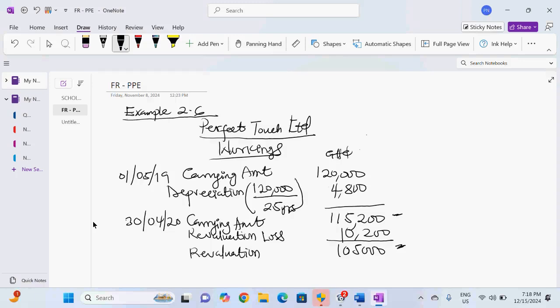It means it is a loss. So this loss, how do we treat this loss?